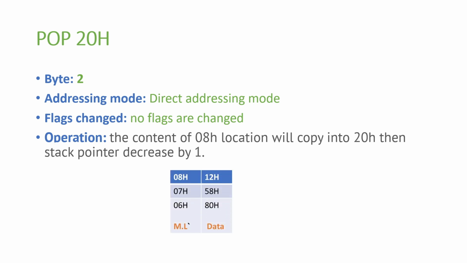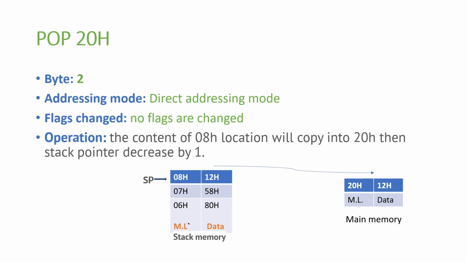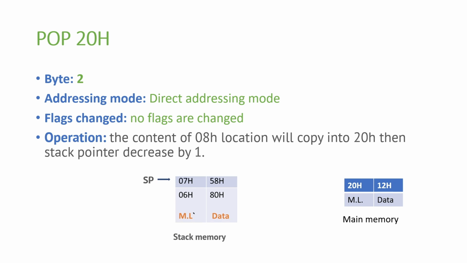This is the stack memory. Currently 0AH is the stack top and the stack pointer holds this address. So now the content of 0AH location is transferred into the main memory location 20H. See, after execution of this instruction, the content of 20H becomes 12H and the stack pointer will be decreased by 1. And now the stack top is the 07H location.